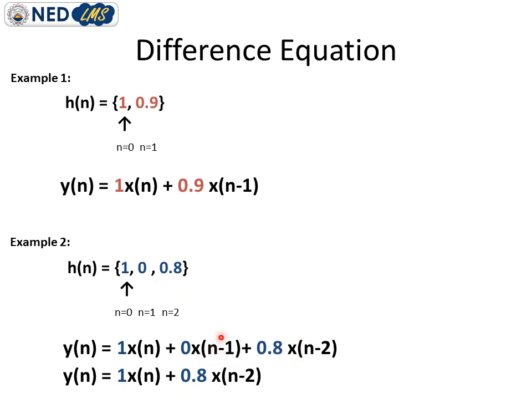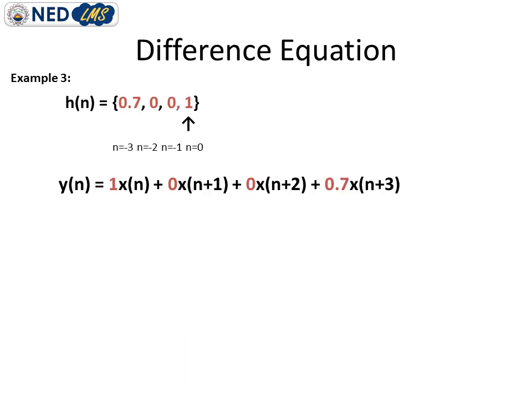We can ignore the middle term because it is 0. So x of n plus 0.8 x of n minus 2 is the difference equation for this particular impulse response.